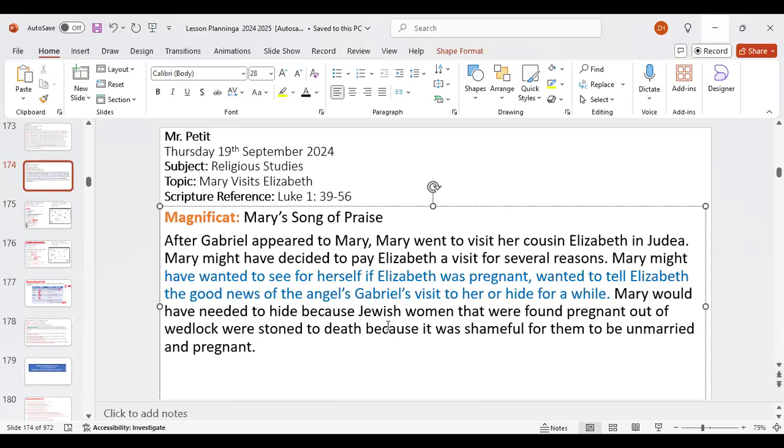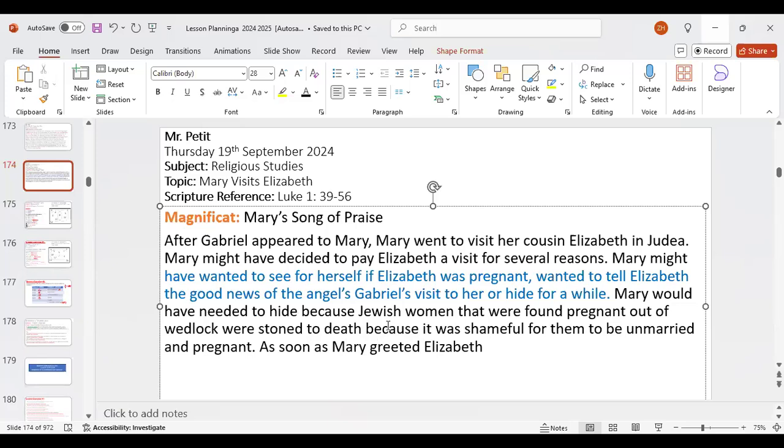Now, as soon as Mary greeted Elizabeth, what happened? Something happened in Elizabeth's womb. The baby kicked, exactly.